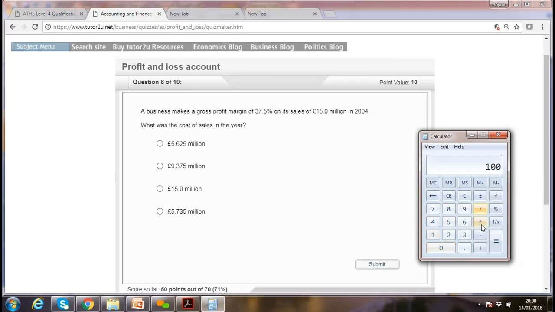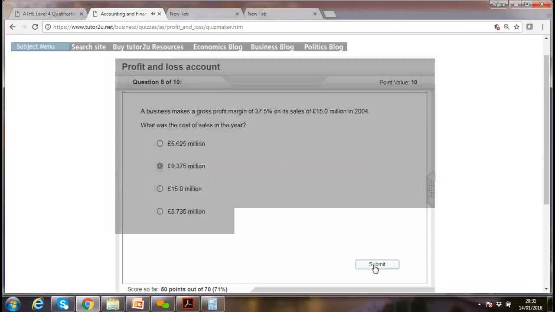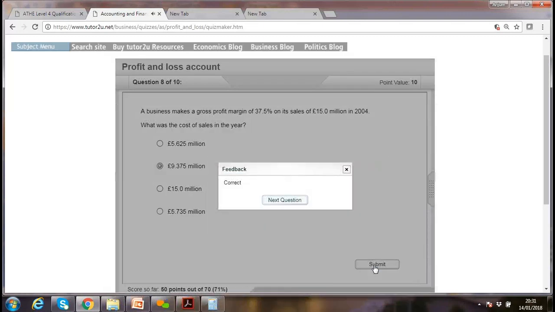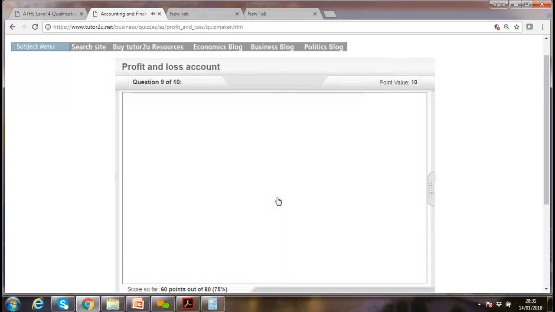If I take out profit, which is 37.5%, then 62.5% should be my cost of sales. So if I take it divided by 100, yes. So in this way, try to calculate.